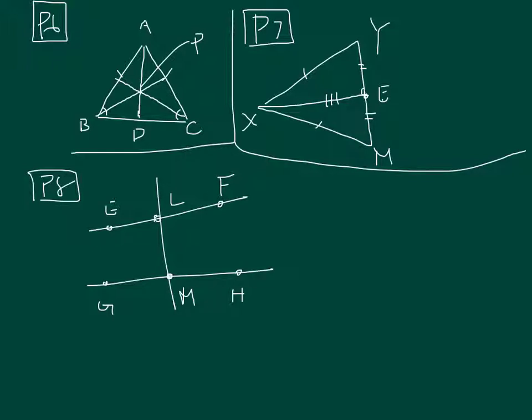Draw transversal line LM, because angle ELM and angle HML are alternate interior angles.